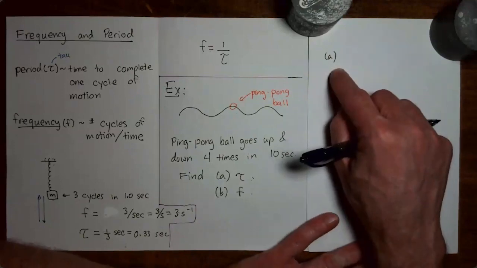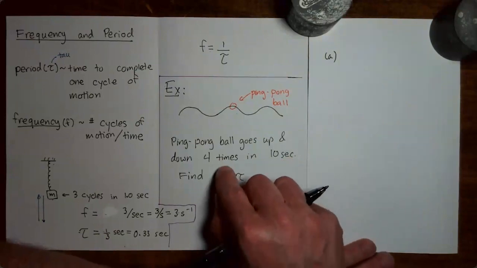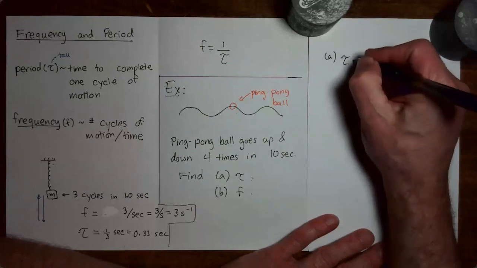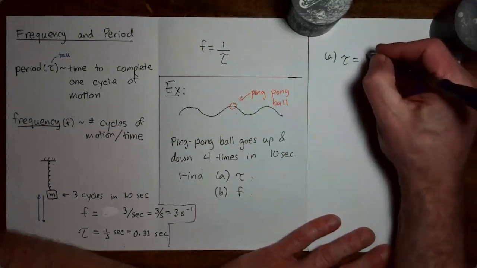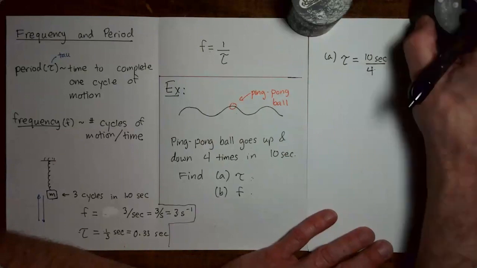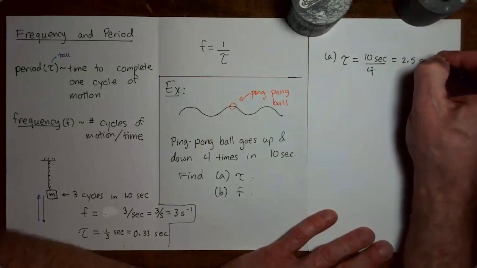First, the period. It takes 10 seconds for the ping pong ball to complete 4 cycles of motion. The period would be the time for 1 cycle of motion. So if 4 cycles takes 10 seconds, then 1 cycle would take 10 seconds divided by 4, or in other words, 2.5 seconds.